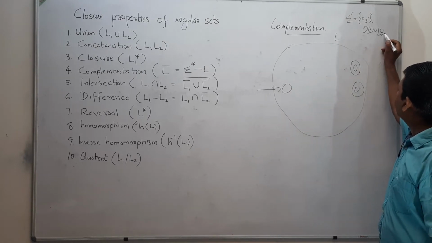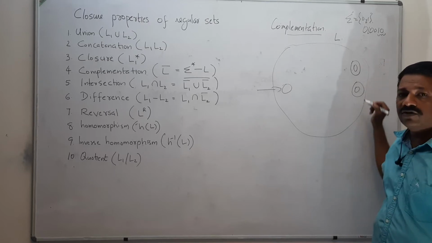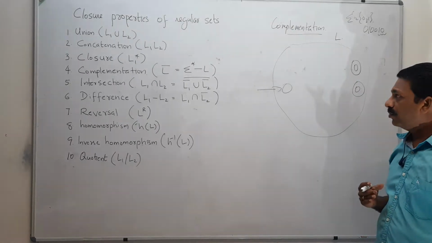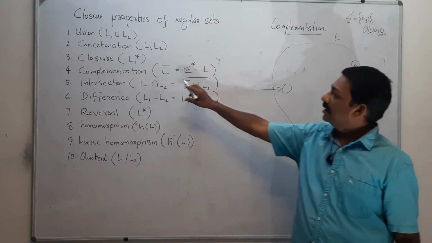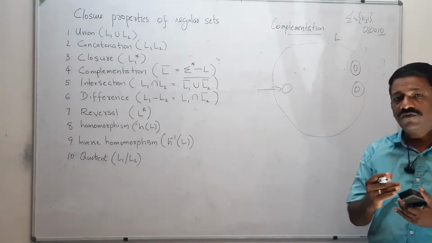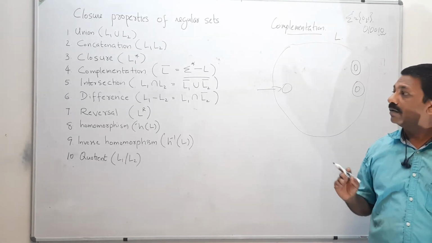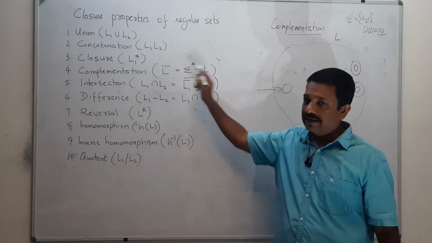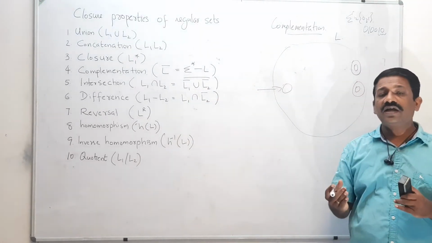If it is ending with 1, 0, control reaches any one of the final states. Now, we are going to complement this. That means L bar is the set of all binary strings which do not end with 1, 0.